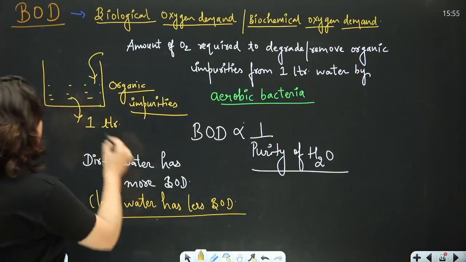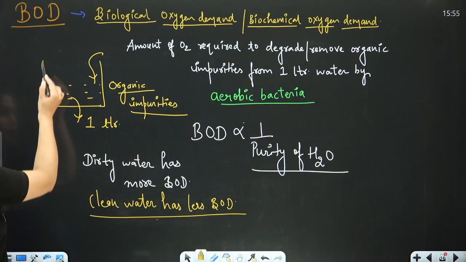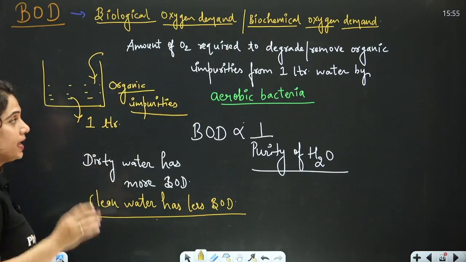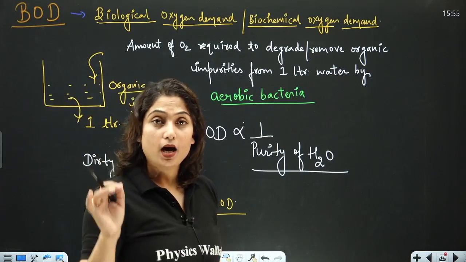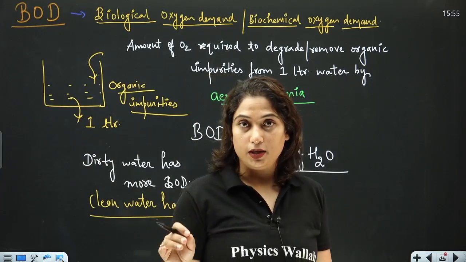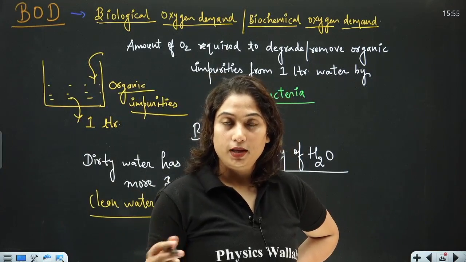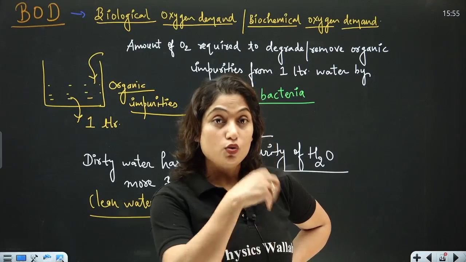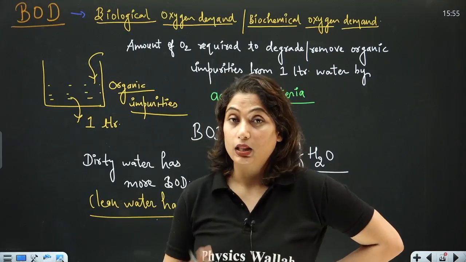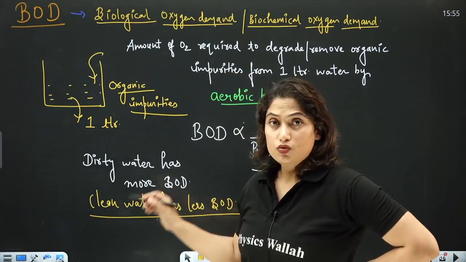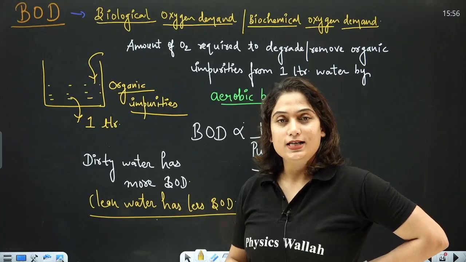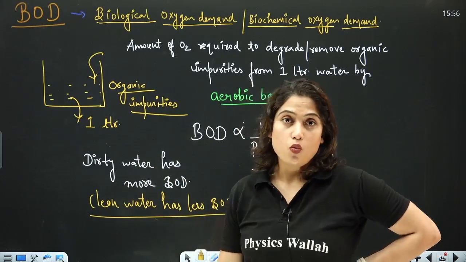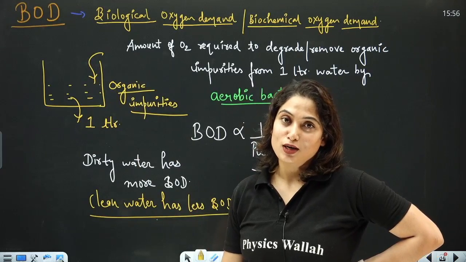If you take 1 liter of water in which organic impurities are present, then the amount of oxygen, listen carefully, used by the aerobic bacteria to remove organic impurities from this water, that is called biological oxygen demand.